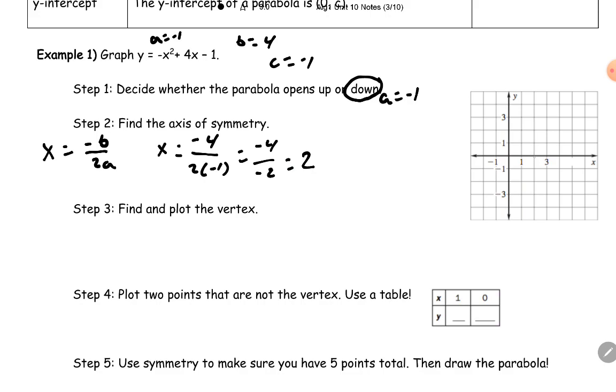So we have the line x equals 2. This is the axis of symmetry.